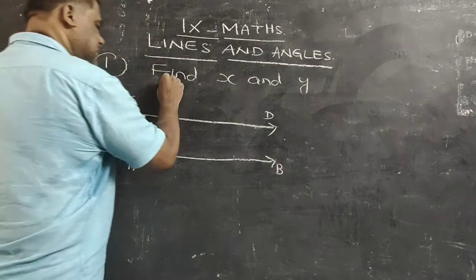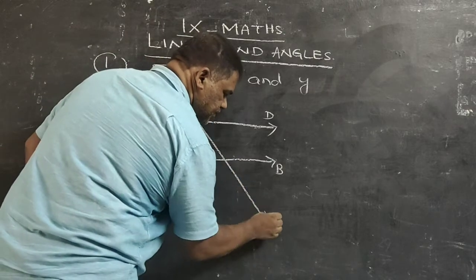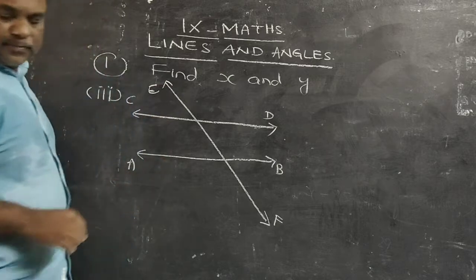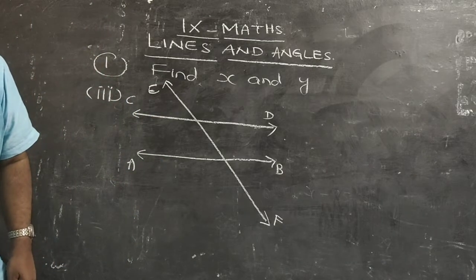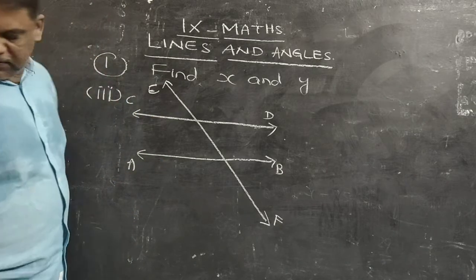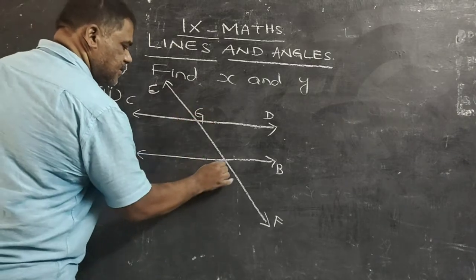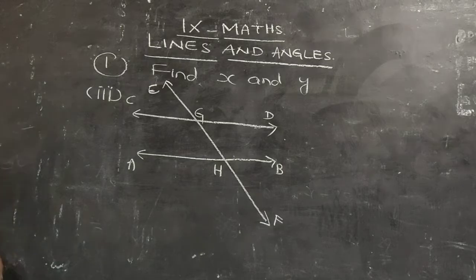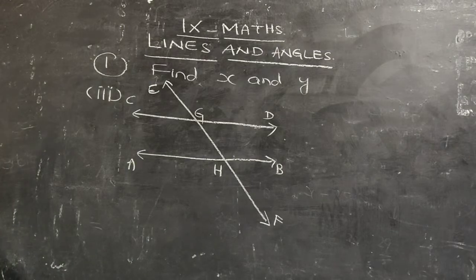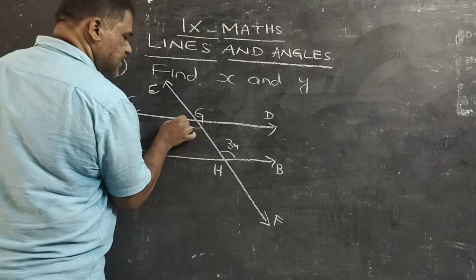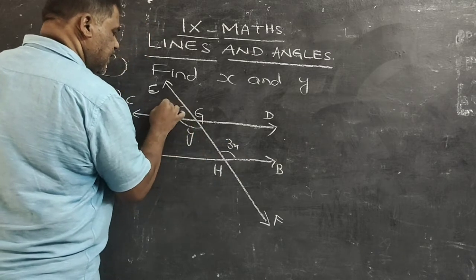EF is a transversal intersecting AB and CD at G and H. Here this angle is 3x, this angle is y, this angle is 2x.